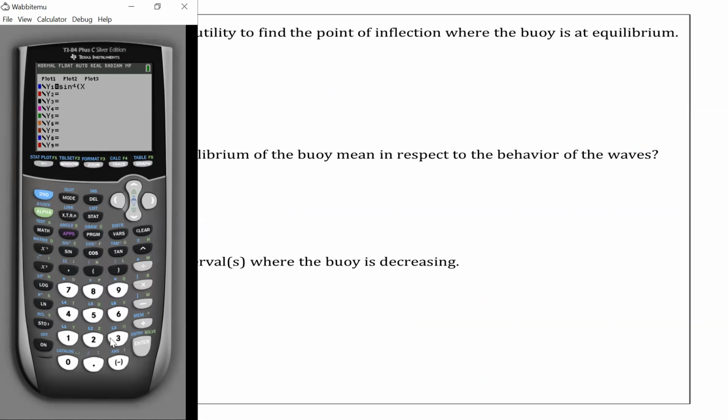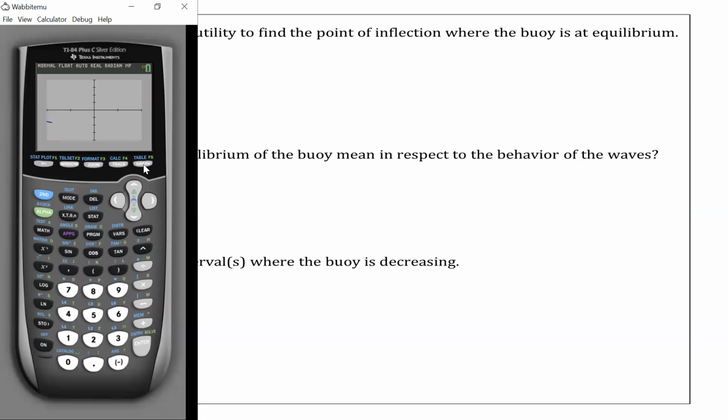Y equals, and I'm going to put in what we discovered: -9/4 times the cosine of 2 pi divided by 15 x. Okay, so that's our equation.